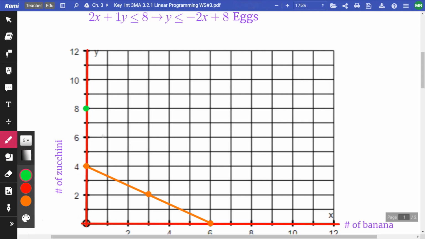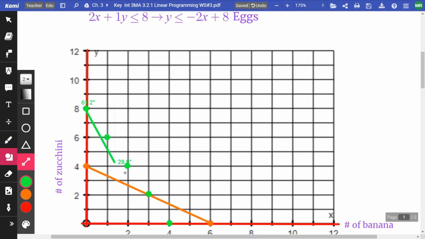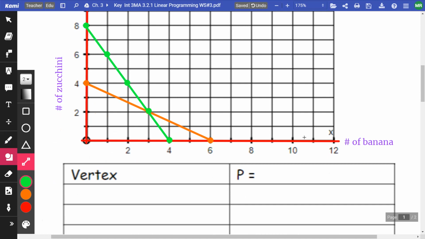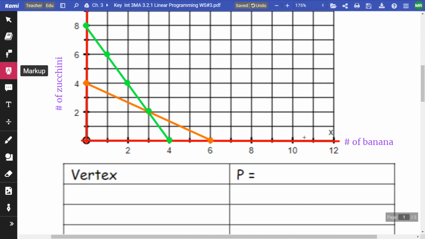And then I'm going down 2 every 1. And then I'm going to connect that with a line. And then I want to be beneath that line, beneath my orange line, above my horizontal line, to the right of my vertical line. And so that ends up being this section right here.